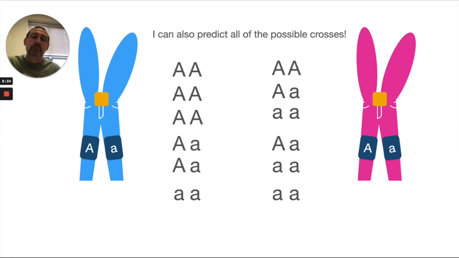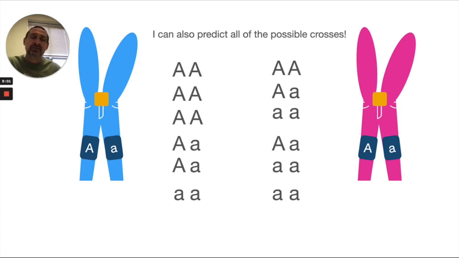If one parent has the dominant and recessive allele, and the other one is also heterozygous, then you're going to get a 3-to-1 ratio. 3 of the offspring will show the dominant trait, 1 will show the recessive trait. In the case of one parent is heterozygous, but the other is homozygous and recessive, the little a, then the offspring are going to be 50-50.